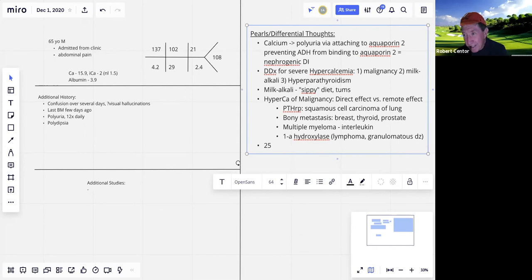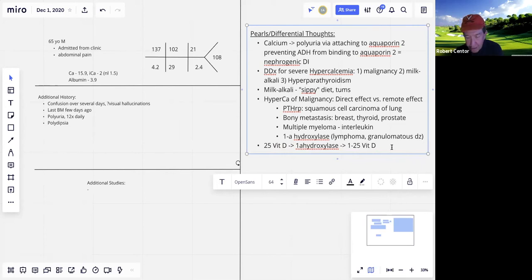So I don't know what it's like in Bangalore, but at the VA hospital, if you order a vitamin D level, you get a 25 vitamin D level, unless you say 125. And so if this is in your differential, if you're thinking about sarcoid, or you're thinking about hypercalcemia of TB, you actually have to order the 125 to document that.